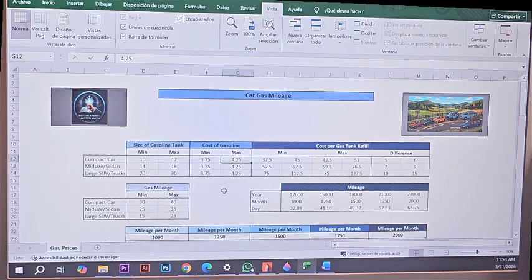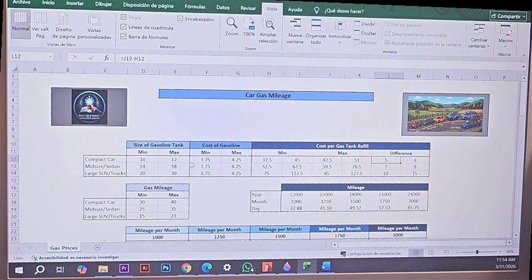So if you were to go in the compact car that has the minimum sized gasoline tank, you'd be saving between going to the more affordable gas station and the more expensive gas station, if you were to fill up the gas tank completely, $5.